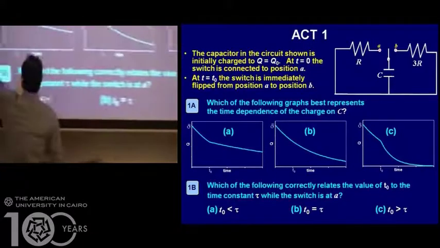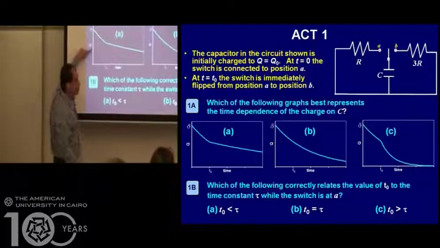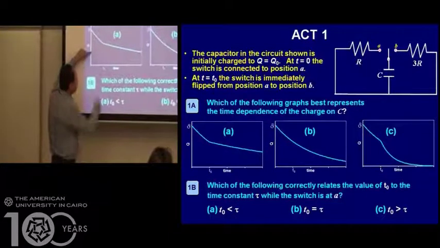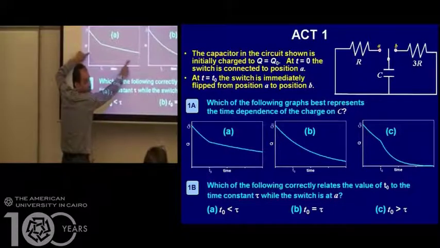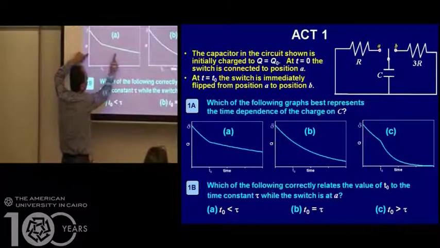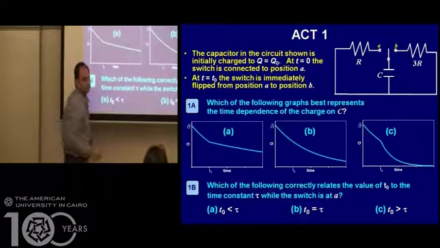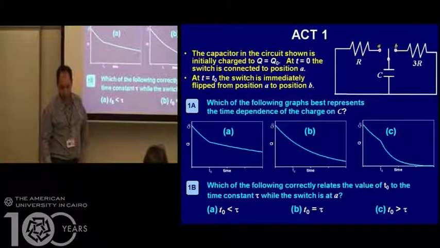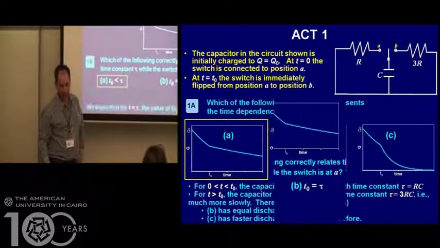So this is 100%, this is 50%, and 37% is somewhere in here. If that curve continues like this, then tau is that point. Tau is greater than t0, and that's the answer. This is A, as you said, guys.